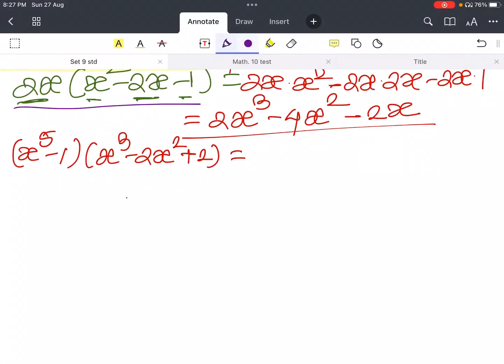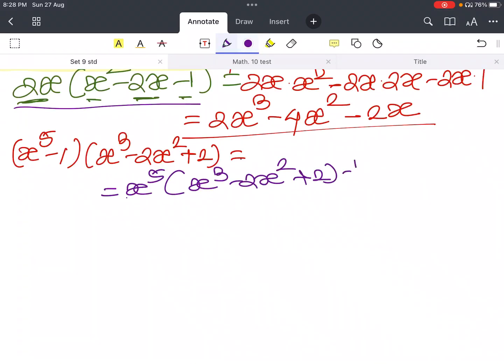So first write down x raised to 5. We will write it here, with an equals sign. So x raised to 5 into bracket x cube minus 2x square plus 2. Clear?